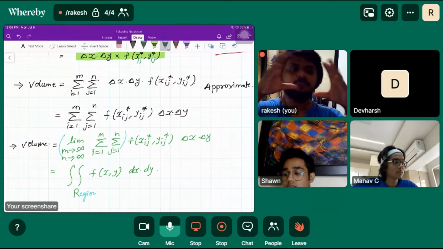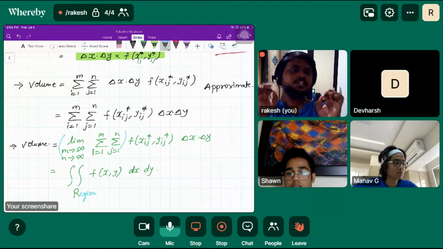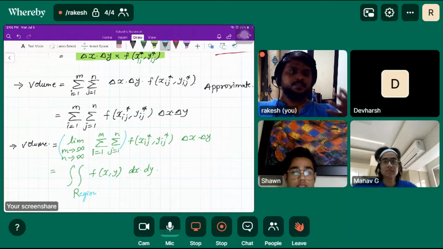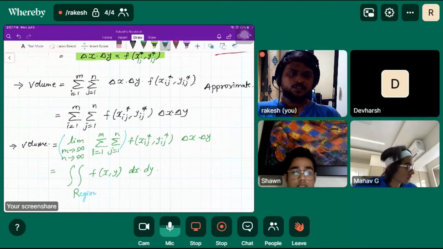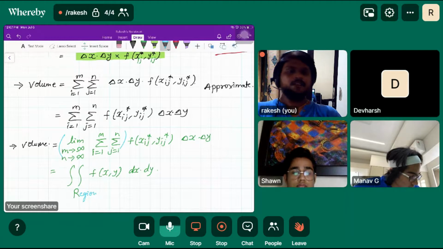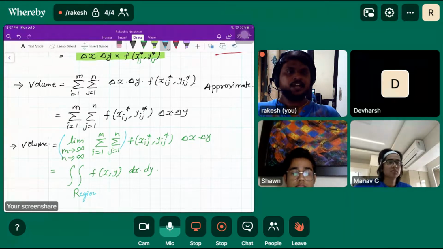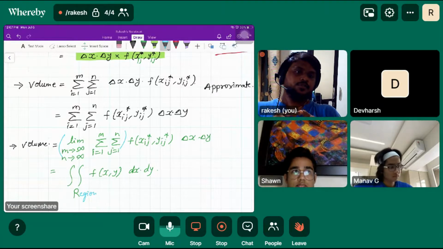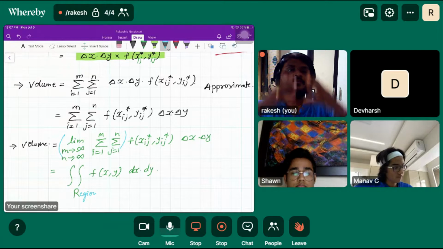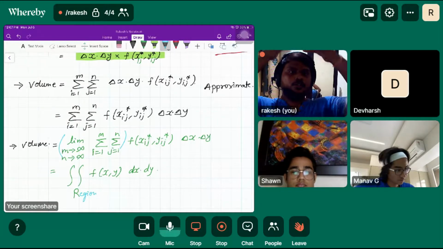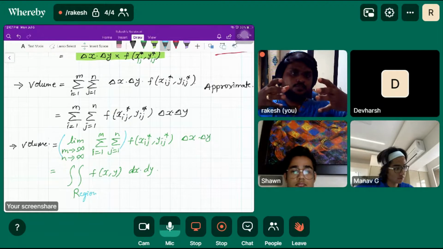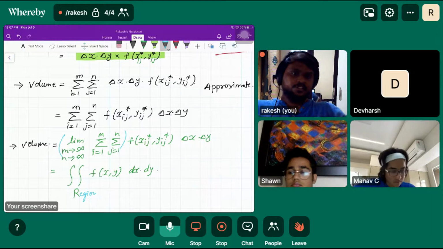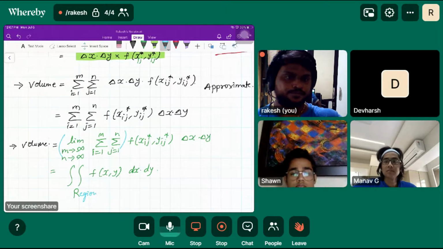The only condition is it should be a closed boundary. It may be a rectangle because it is easy to understand through a rectangle, but it can be any random diagram, a triangle, a circle, or anything, as long as it is closed. If it is a closed boundary, then only we can project that region onto the surface, get a certain volume, and find the volume of that region under the surface. Is that clear to you?